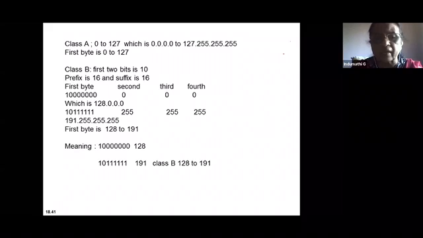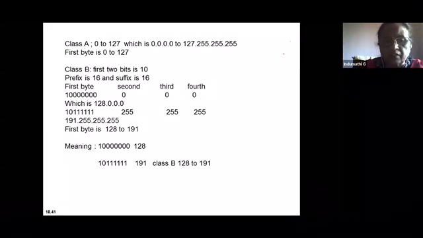How did you get 191? You have the first two bits as 10 for class B recognition. So how do you decide upon the upper limit and the lower limit? In the first byte, 10 represents that it is class B. The remaining 6 zeros are there for the starting address of the first byte.